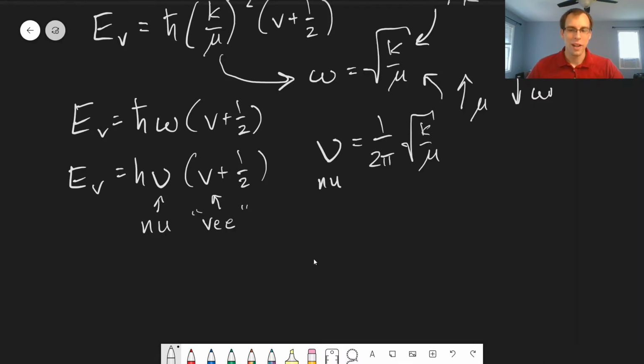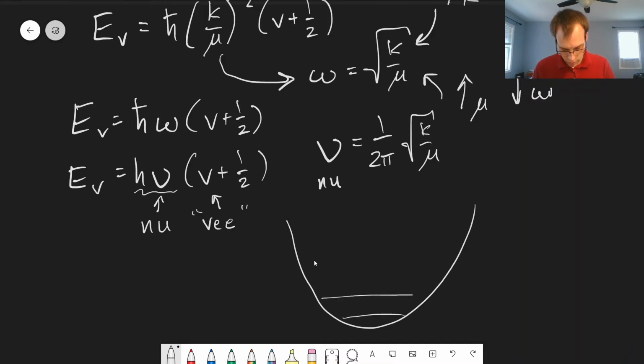Now, what do these look like? We have energy levels that depend on this frequency, h nu, and each v level is h nu apart. So if we take our harmonic potential and map this onto it, we get equally spaced energy levels.